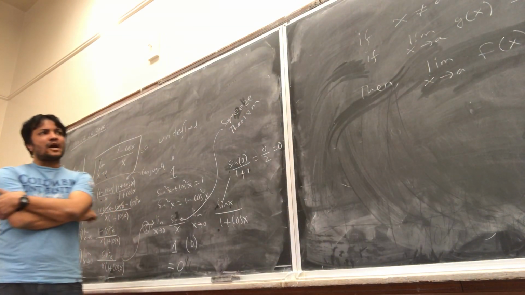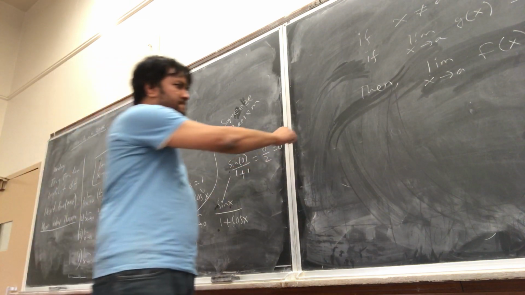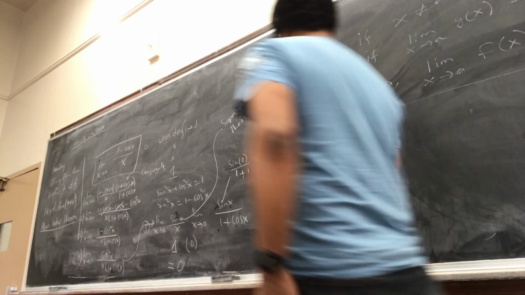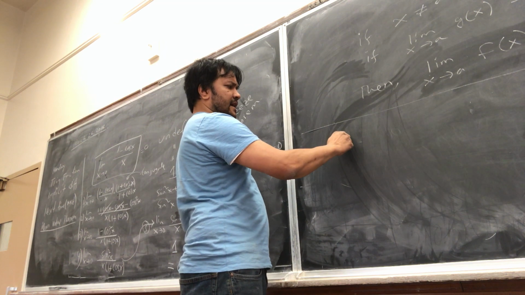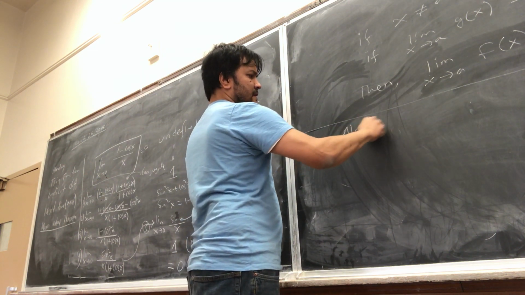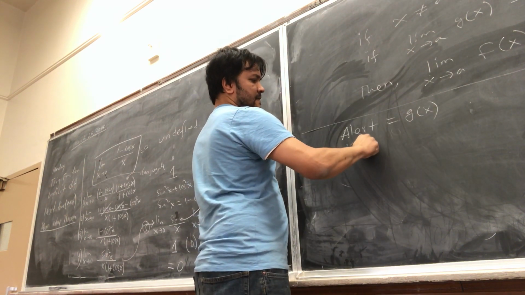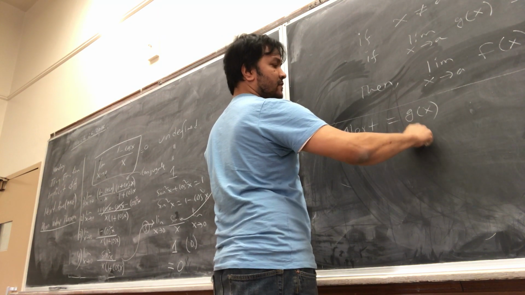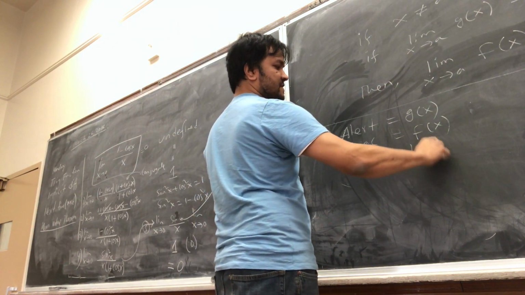How many of you understood this one? Raise your hand. Only one person. No, okay. I'll give you an intuitive example. Say Albert is represented by g of x, Isaac is represented by f of x, and Dad is represented by h of x.